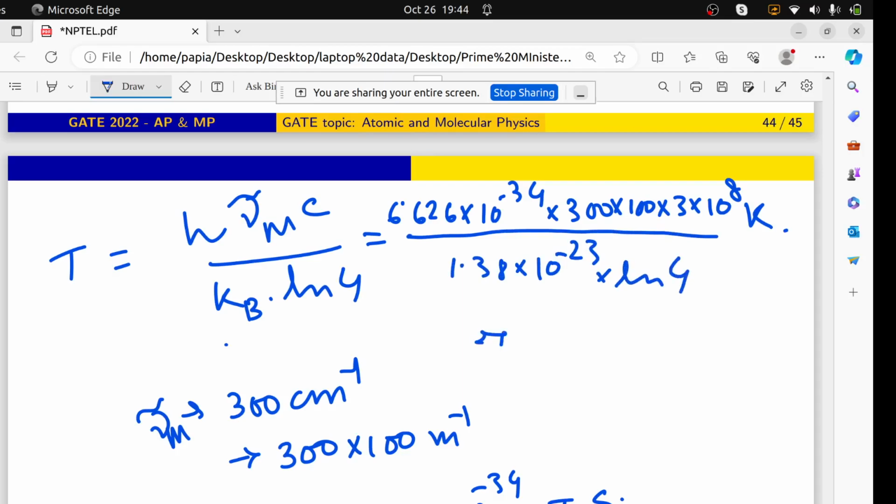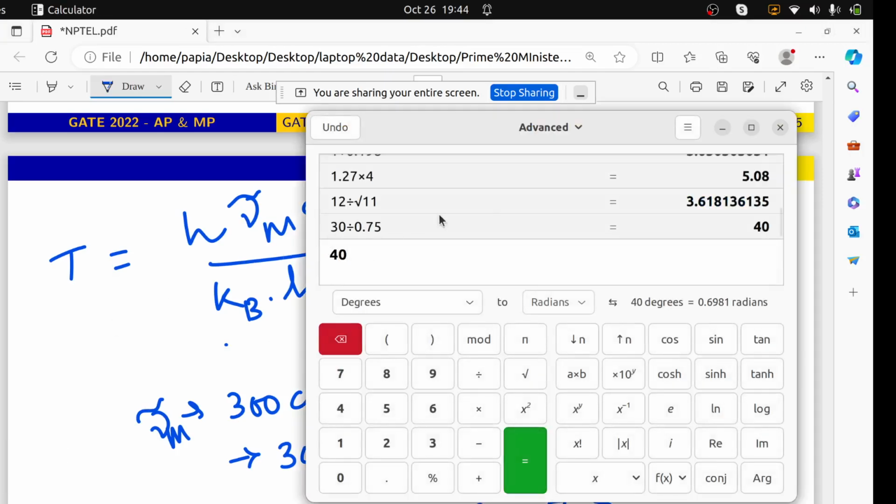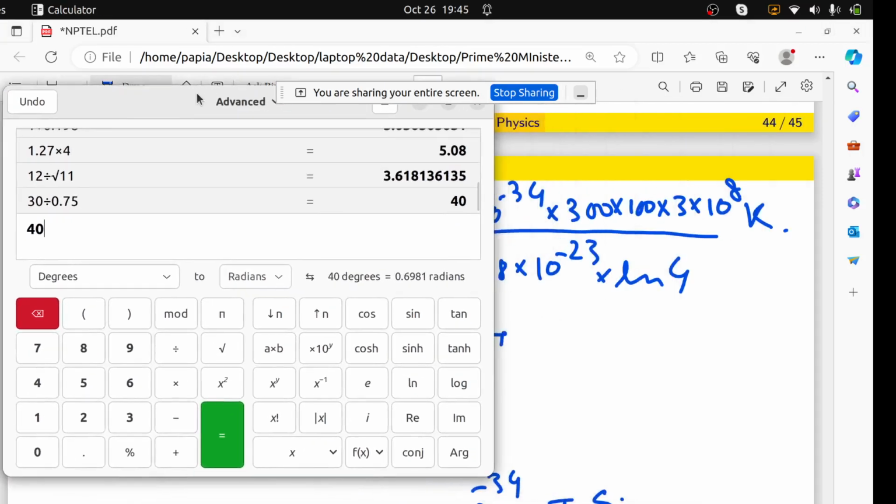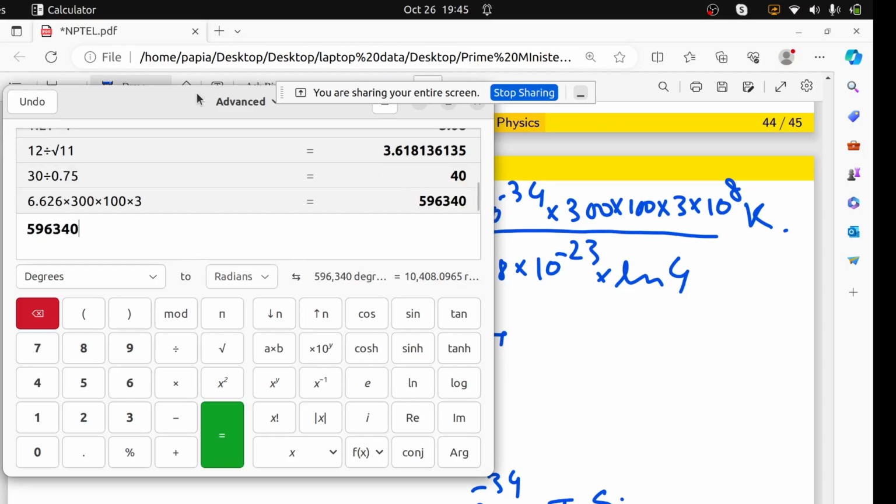So let us calculate that. First of all, I am just going to write here the coefficients only. 6.626 into 300 into 100 into 3, divided by 1.38 into ln 4.